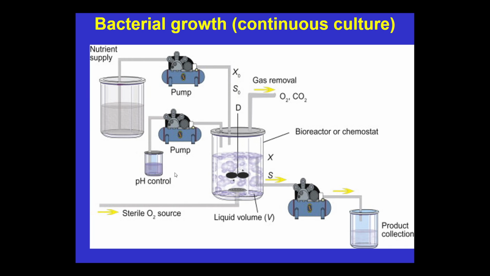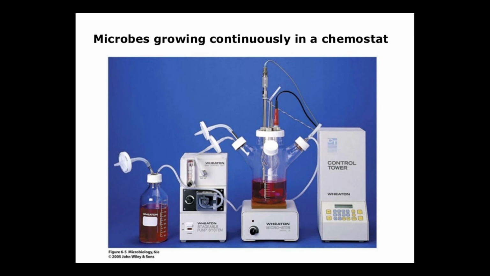Then through the pumps, we may take samples to perform pH control and whatever nutrition control. And then we may add the sterile source of oxygen and remove the gases if we don't need them anymore. So that's how it occurs in a mini reactor.